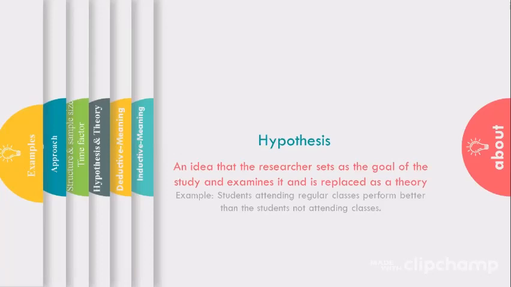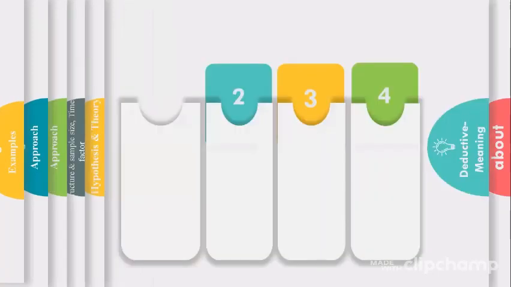Now, if on testing we find that yes, this is right, then we can take this as a theory. Until this is tested and accepted, this is a hypothesis. So I hope till now things are clear about what a hypothesis is. A hypothesis is never a theory.